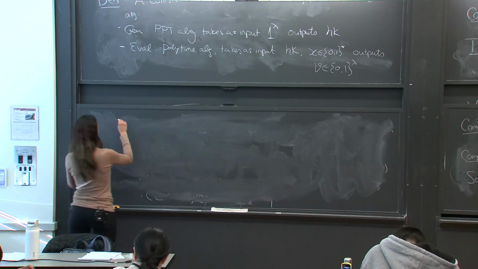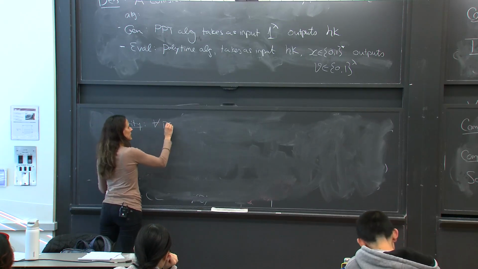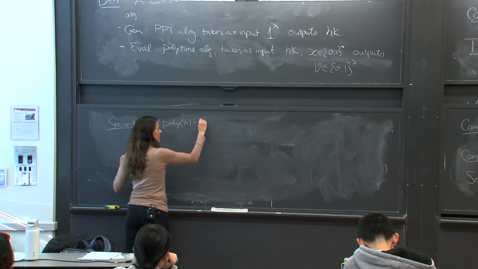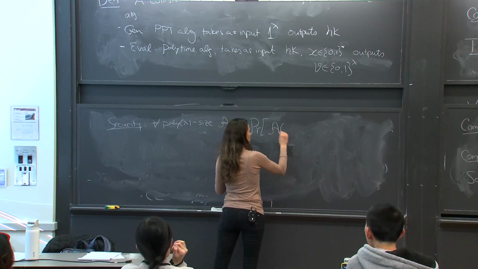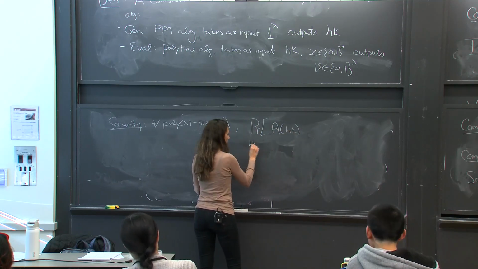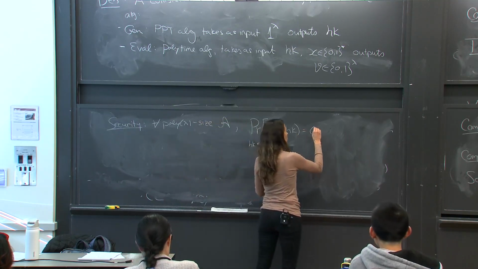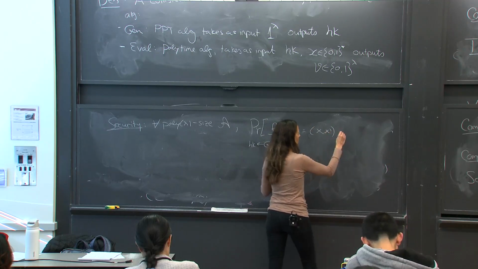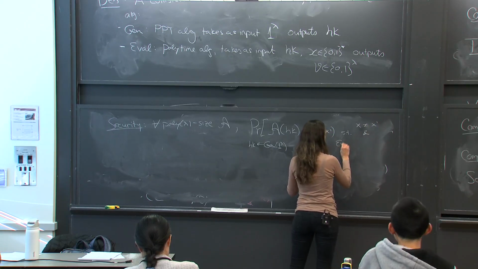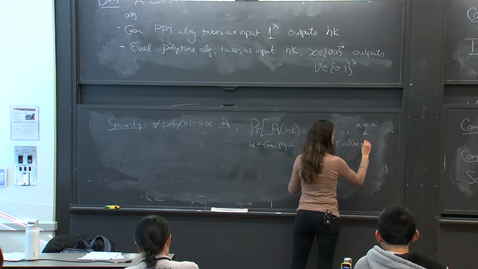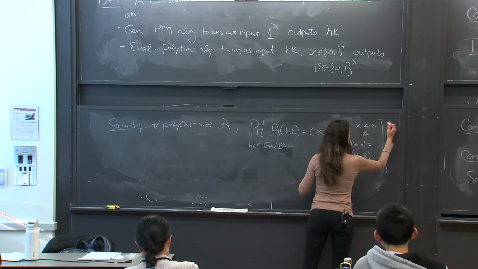Okay, the security, the collision resistant requirement says that for any poly lambda size adversary A, the probability that A, given the hash key, where the hash key is chosen by Gen, outputs x and x prime such that x is different, not the same, and Eval of hash key and x is equal to Eval of hash key and x prime is negligible.